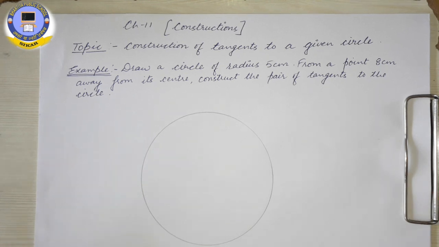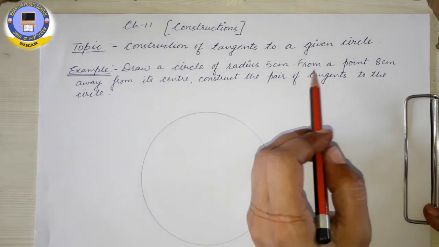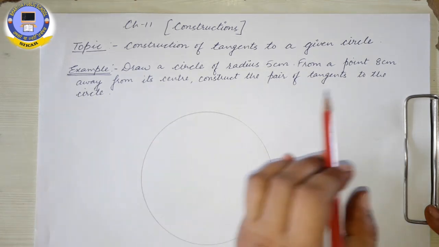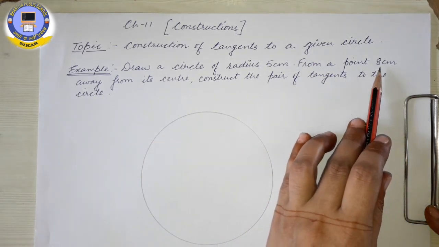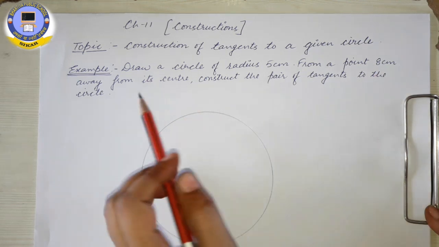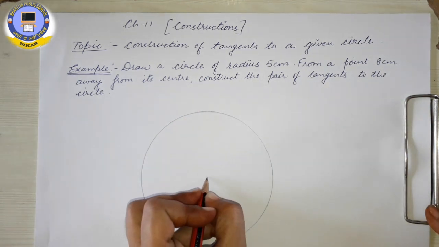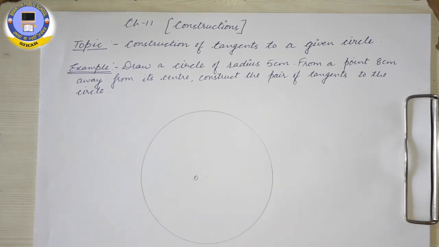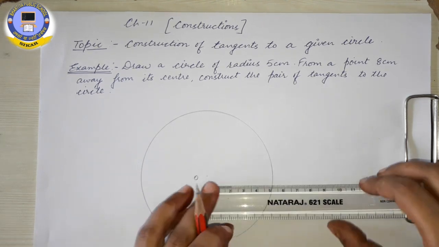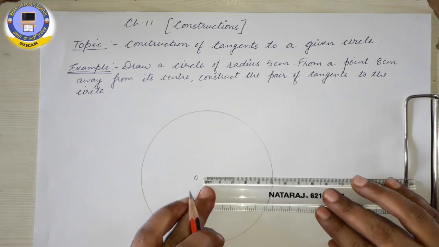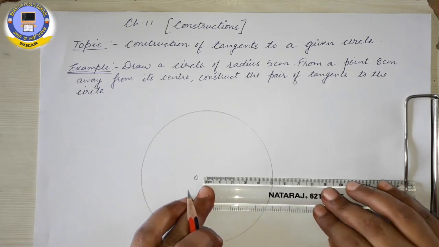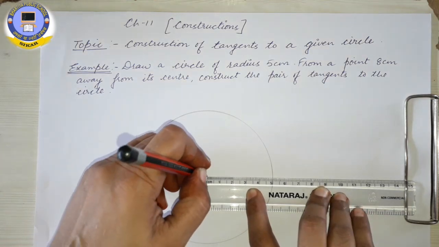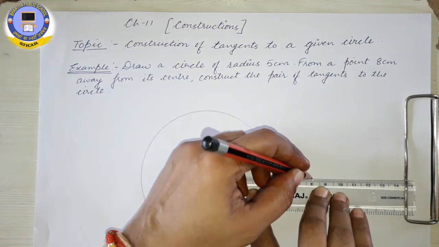Now afterwards it is given that you have to take a point which is at a distance of 8 cm from its center. So locate the center as O, and with the help of a scale draw a line segment from the center whose length must be 8 cm.